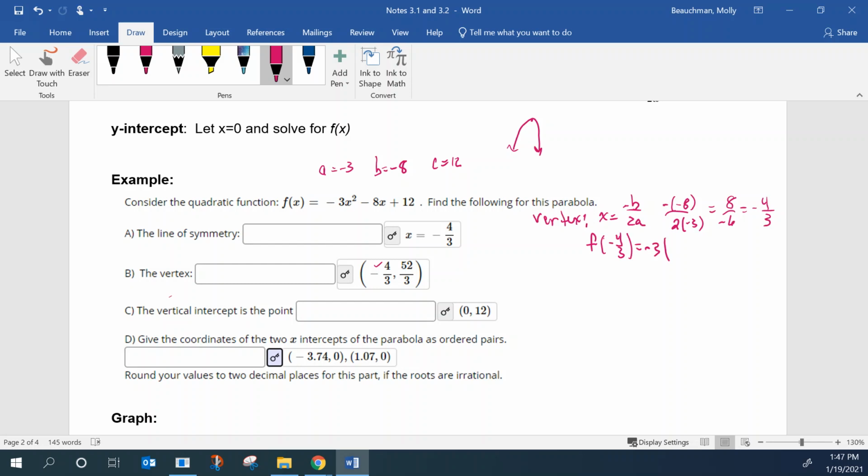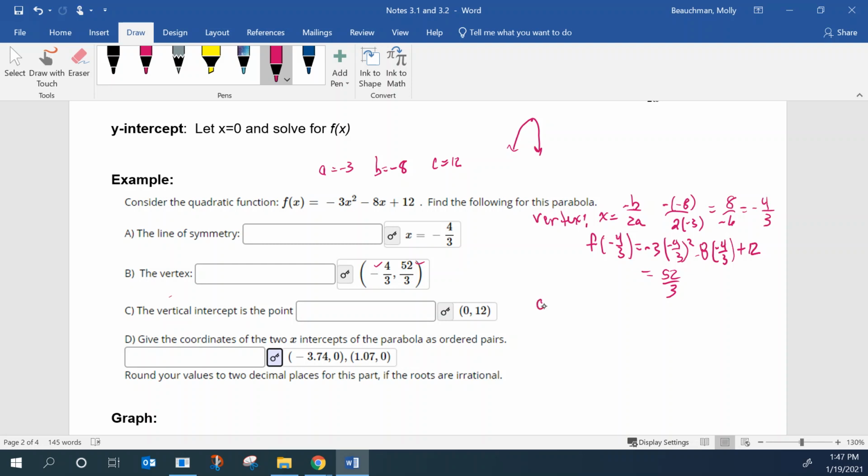So that would be negative 3 times negative 4/3 squared minus 8 times negative 4/3 plus 12. If you multiply this out and add your fractions together, you'll end up with the answer 52/3. All right, next we want the vertical intercept.